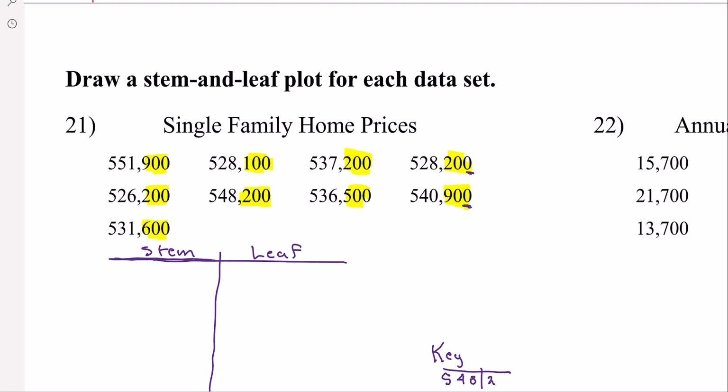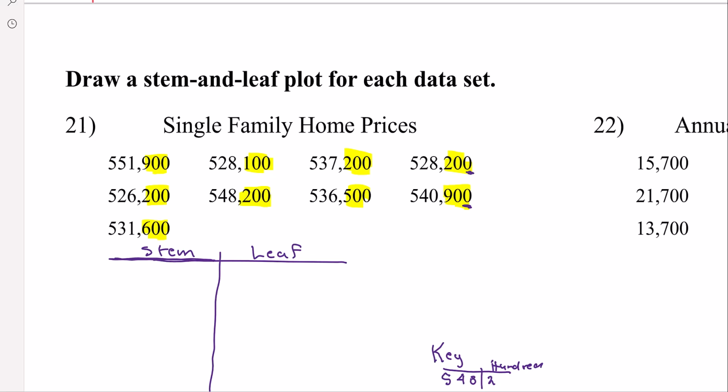Normally, we would use the very last value, but look at the ones in the tens columns are both zeros, so you can't just have that. I think what we would say is the leaf represents the hundreds place value, and the stem is everything else.